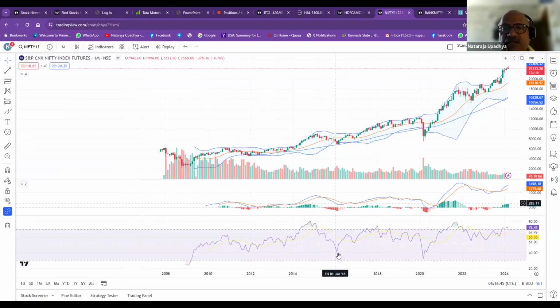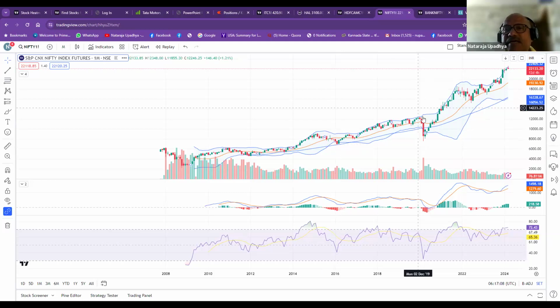Let's say in 2016 you came in and bought the Nifty index at 7,192, and today, even after 8 years, you are holding it at 21,996. So it has gone 3 times.